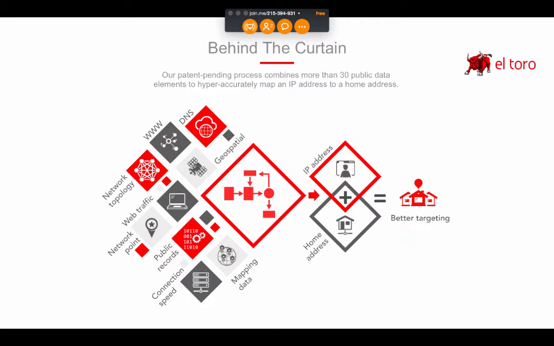But with our IP algorithm, when it's looking at over 30 different data element points, we can identify and say, you know what, even though that IP address may be in Michigan, we know that based off of the other 29 plus elements that we're looking at, that IP address is actually located in Louisville. So at that point, we would determine whether or not we want to target it, depending on what the geography is that we're looking for.